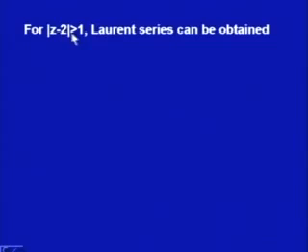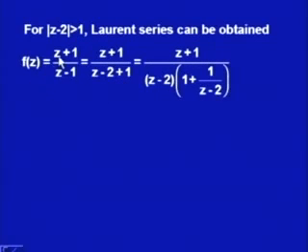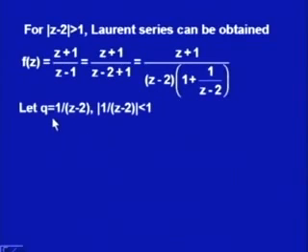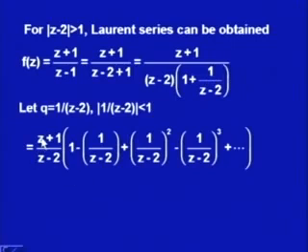But for modulus z minus 2 greater than 1, a Laurent series can be obtained, and we have f(z) as z plus 1 divided by z minus 1. We again rewrite it, and since our domain is modulus z minus 2 greater than 1, we will now take z minus 2 outside, and we will have 1 upon z minus 2 in the denominator. So, simplifying this, taking q as 1 upon z minus 2 and modulus of q less than 1, and expanding it in powers of 1 upon z minus 2, this is the geometric series.